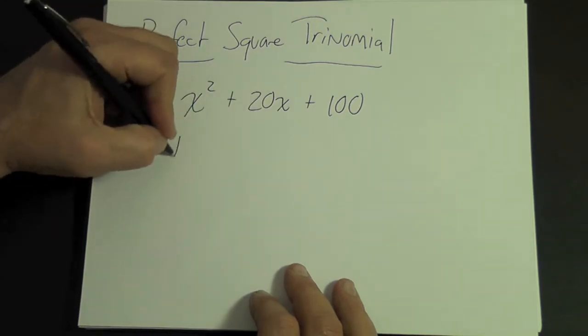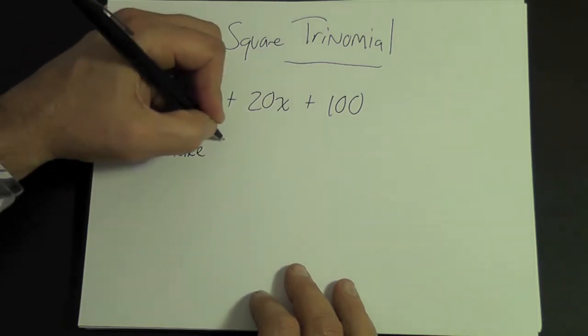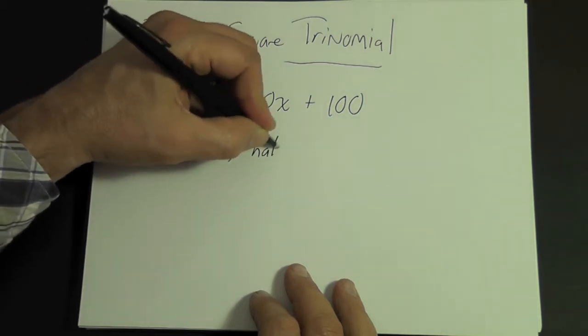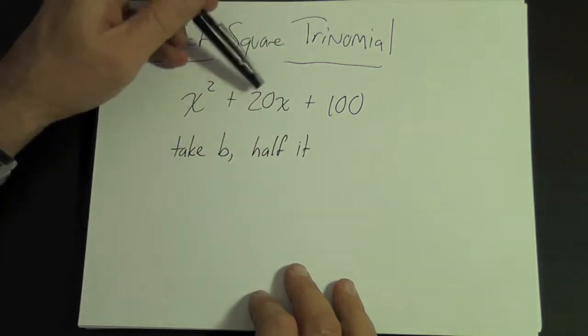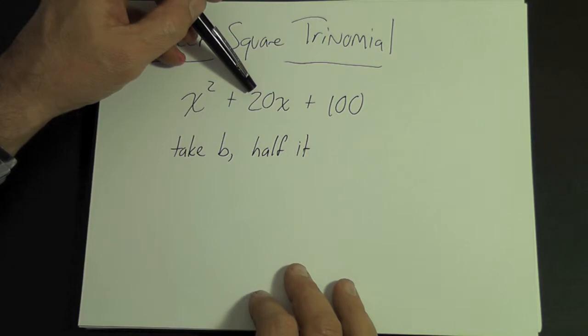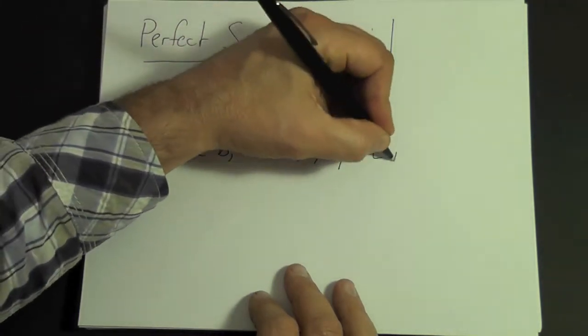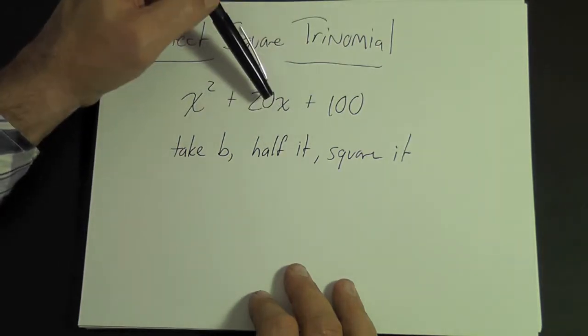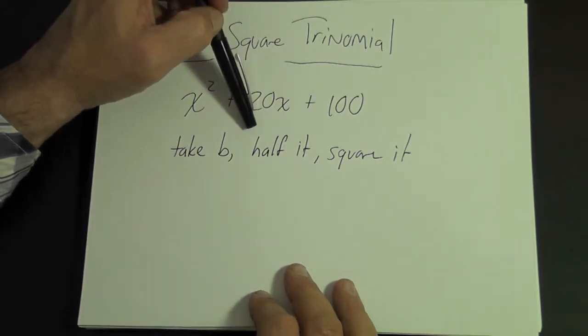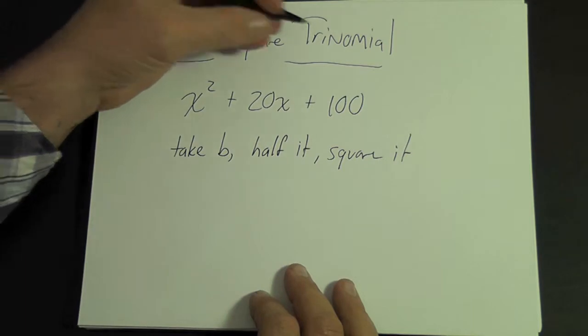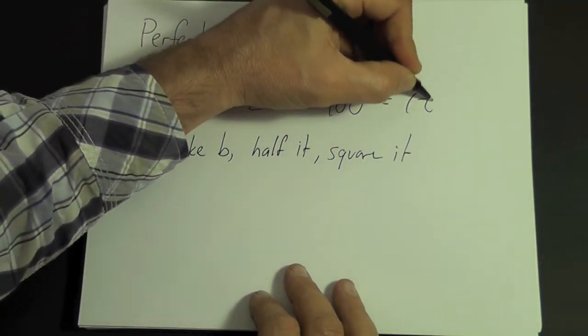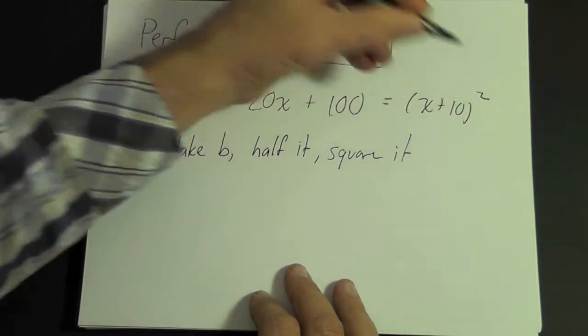So take half of b, half of 20 is going to be 10, and then you square it. If you square it, 20 half is 10, 10 squared is 100, then that's a perfect square trinomial. And it'll factor to x plus 10 squared.